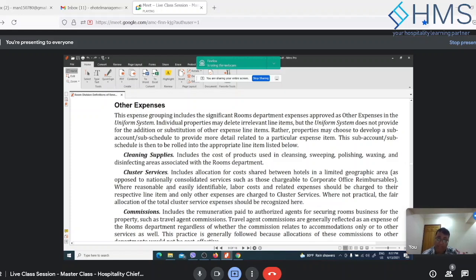So you need to see the productivity of each type of labor, so that in the future you can work on future expenses based on the estimated amount of business.